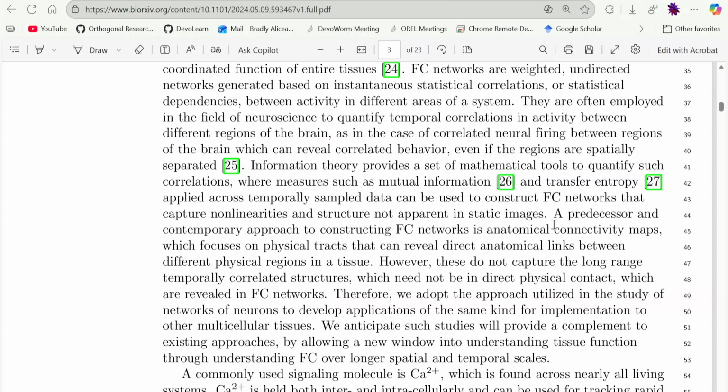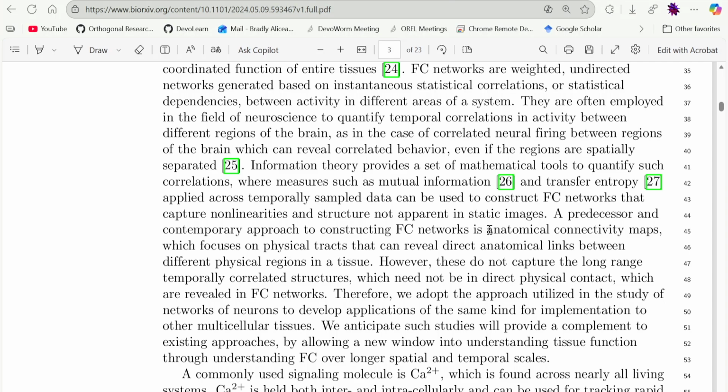Okay, so a predecessor and contemporary approach to constructing functional connectivity networks are anatomical connectivity maps, which focus on physical tracts that can reveal direct anatomical links between different physical regions in a tissue.